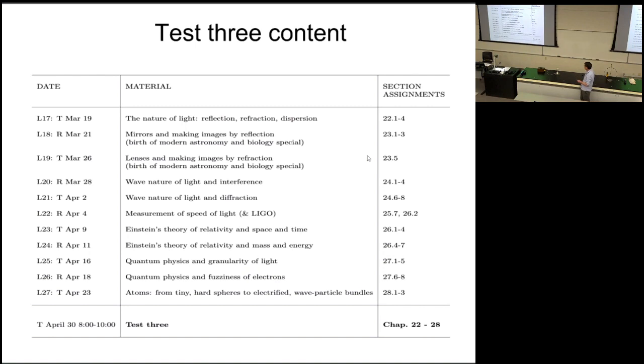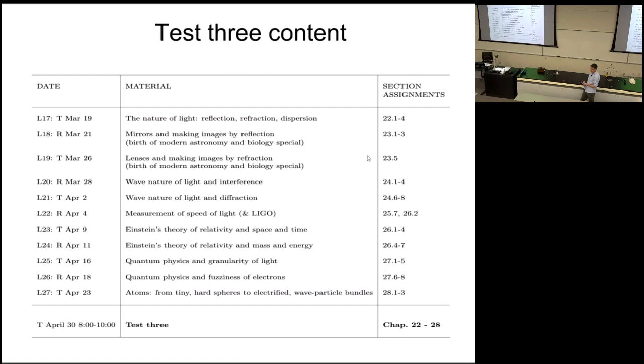This is the material that we're covering on test 3. It's all of the material since spring break, since the material that was covered on test 1 and test 2. So it covers the lectures that we did on the properties or nature of light, these 6 lectures here.